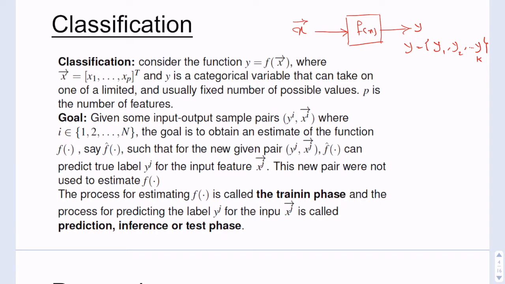Also, x is a vector. So this function takes a vector and generates a scalar, and that scalar gives us the label of this input vector.